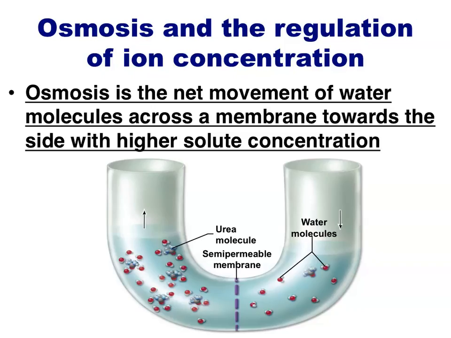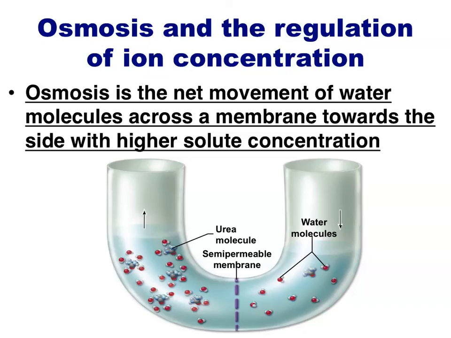This can be a difficult concept to understand, but it is important to remember that osmosis is the net movement or diffusion of water across a membrane towards the side that has a higher solute concentration.